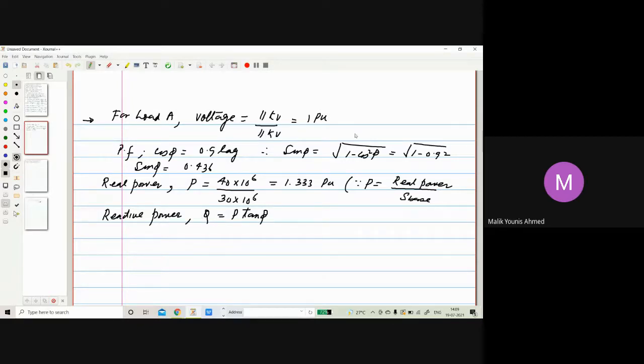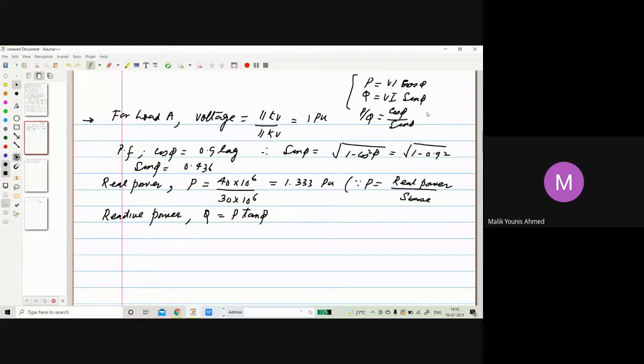For your information again, P is equal to VI cos phi, and Q is equivalent to VI sin phi. So what we have to find is P by Q.